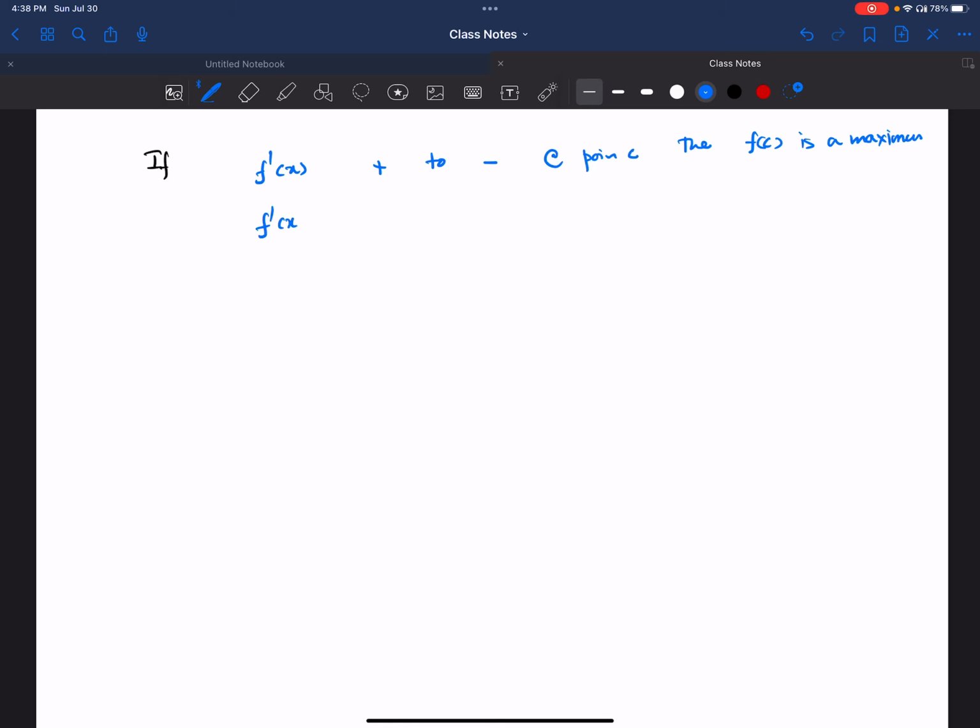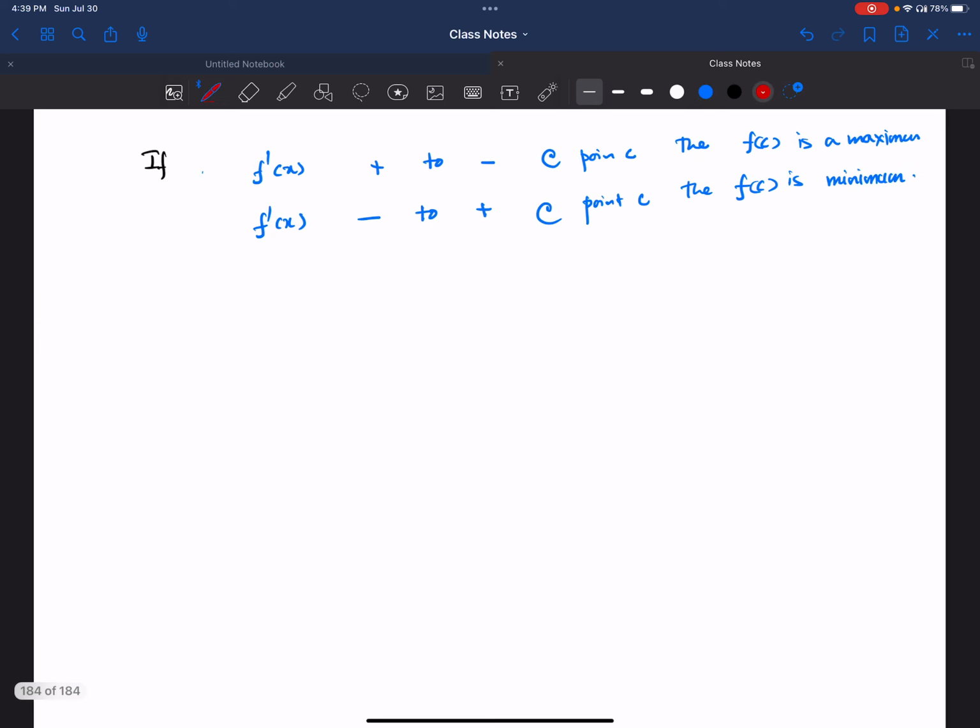If the sign of f prime of c goes from negative to positive at point c, f of c is a minimum. So we're going to use that consequence of the mean value theorem to solve the next few problems.